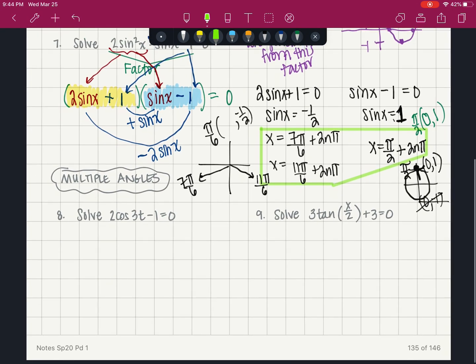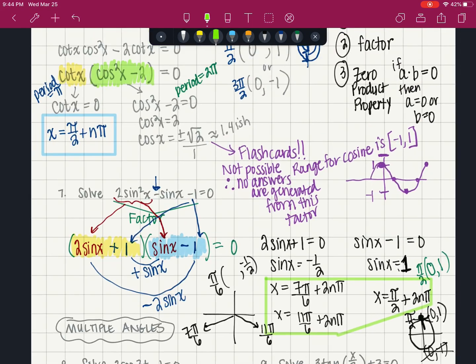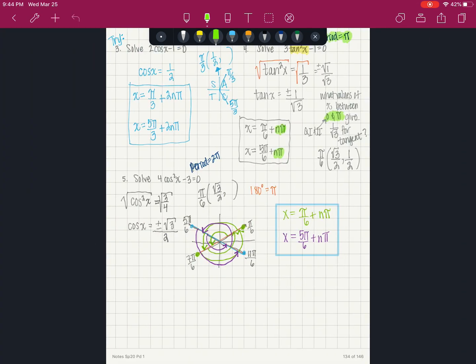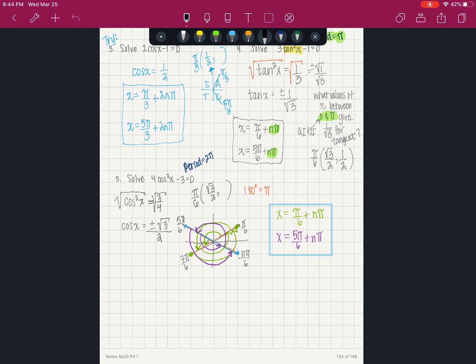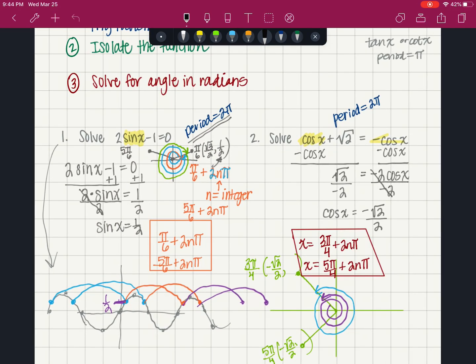So you can see where we're going with this with the multiple angles. We'll get into that in the next lesson. I'm also going to make sure that the problems you're solving are all solutions. I think that's what it's going to say in your homework: solve for all solutions. These are solving for all solutions, and that's what the 2n pi meant.